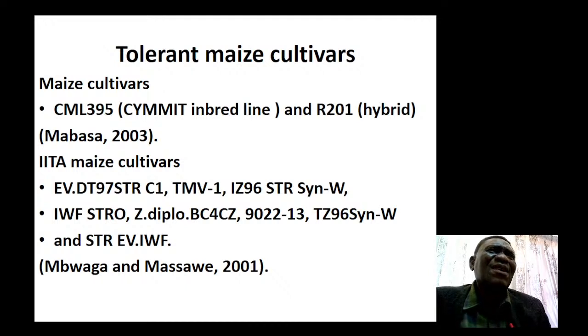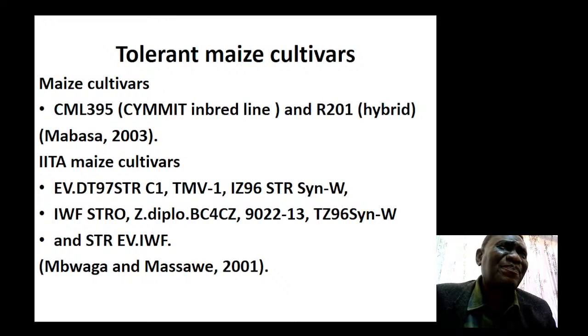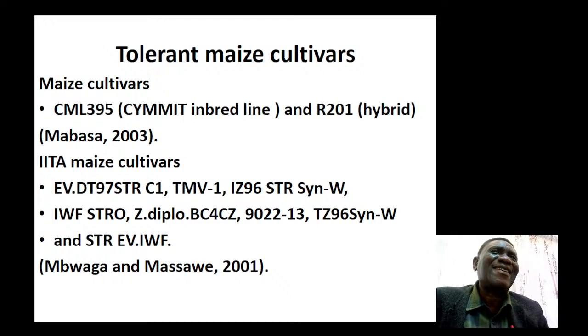But there are other cultivars. This R201, I don't think it's popular with farmers or with the people who are selling this variety. At one time, Ada was producing it. I don't know whether they are still producing this variety.